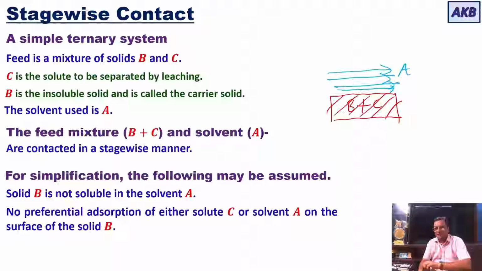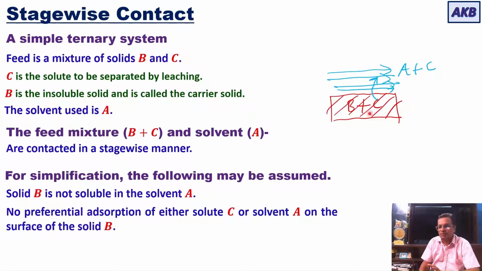So what happens after sufficient time? C from the solid mixture enters into the solvent, and there is formation of a solution of C in A. When you have a solution of C in A, we will assume that neither A adsorbs preferentially on the surface of the solid, nor C adsorbs preferentially on the surface of the solid.